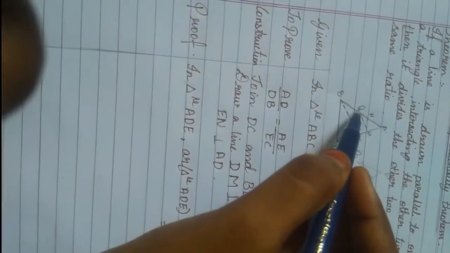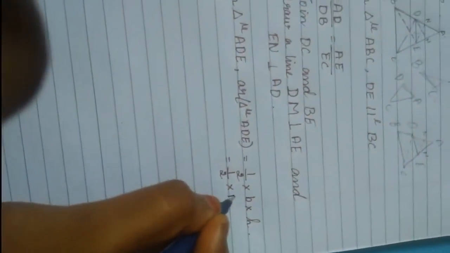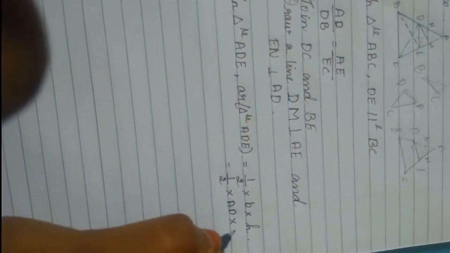ADE. Bases, we can take base as AD such that we'll get height as EN. Base AD into height EN.